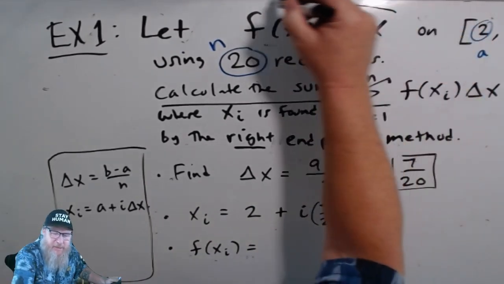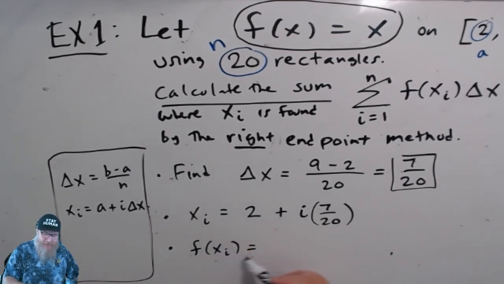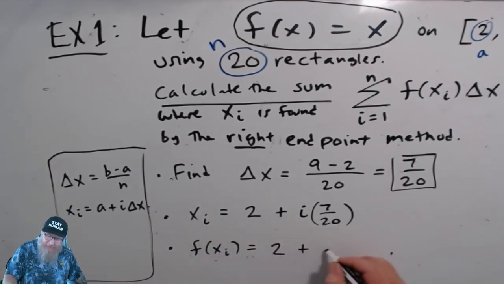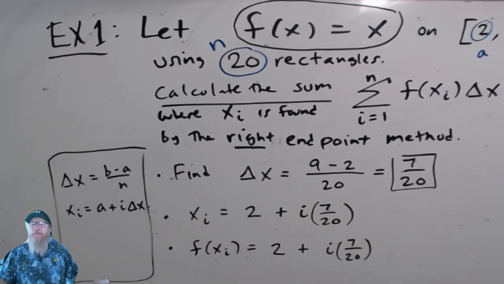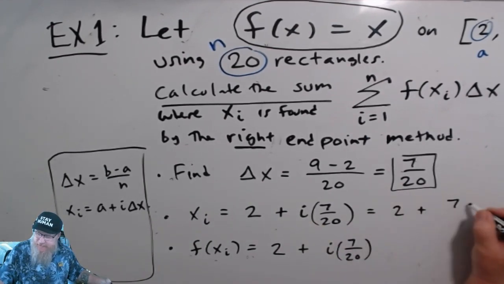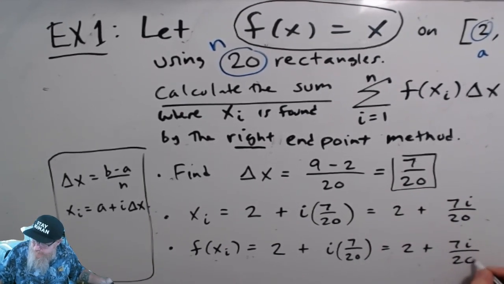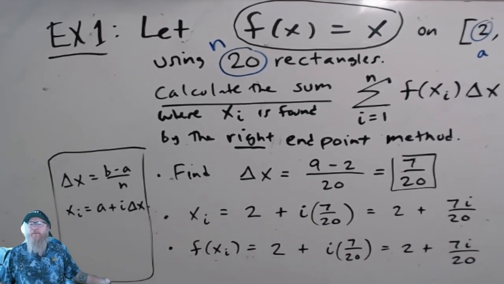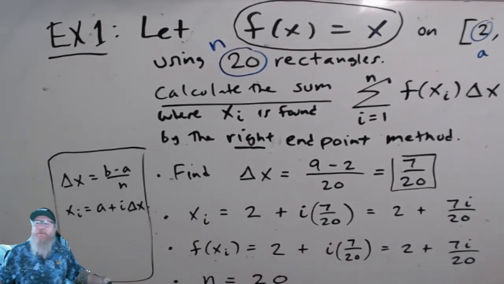Well, because the function is so simple, f of x is just equal to x, then f of xi is just equal to xi. You could also write this as 7i over 20. That's probably the way I would write it, just so I don't have to have all these extra parentheses. And then clearly n, I've already defined n to be 20 rectangles.